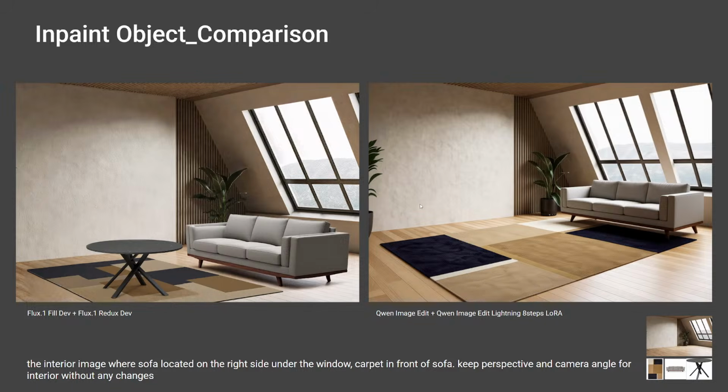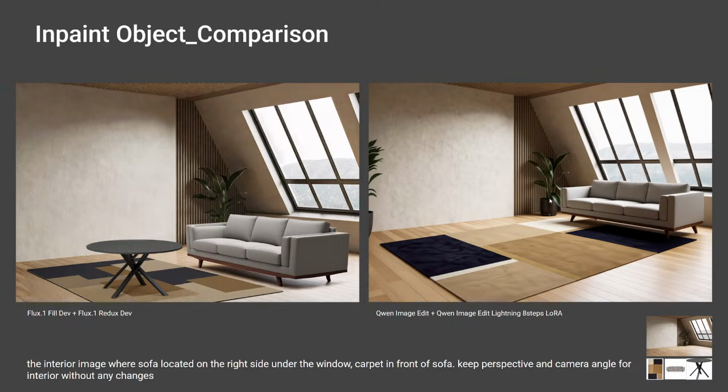This is not the case, for example, for Qwen Image Edit. Here I implemented one sample from Qwen. I don't like this model in general, but for some cases, for example for inpainting an object, this works more or less okay. Not totally fine, but okay.